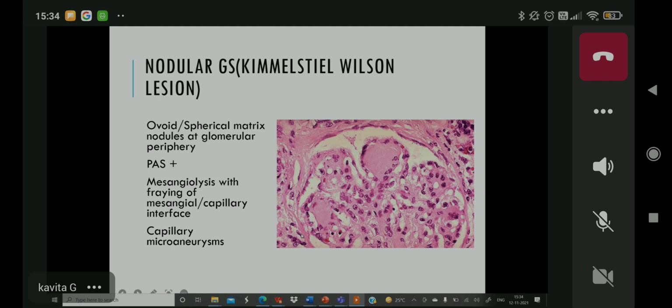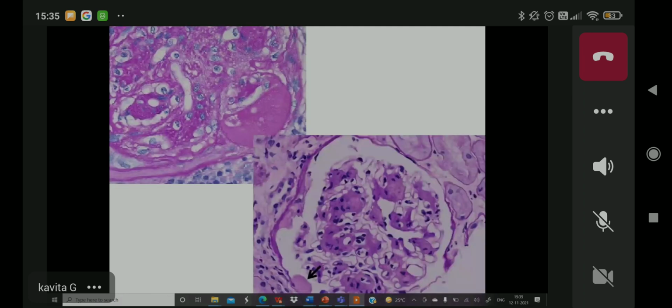This is an ovoid or spherical matrix nodule, which is seen at the periphery of the glomerular tuft. It is PAS positive, and it is because of ultimate destruction of the mesangium with fraying of the mesangial surface. Right? So this is known by the name of the Kimmelstiel-Wilson lesion. So these are nodular lesions.